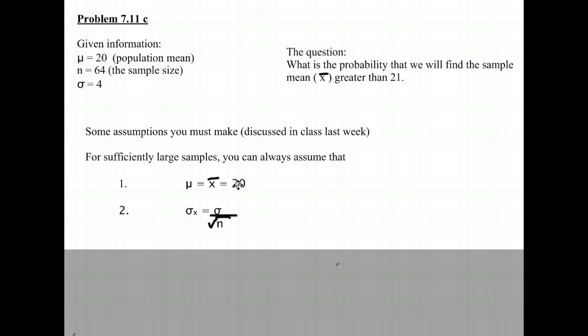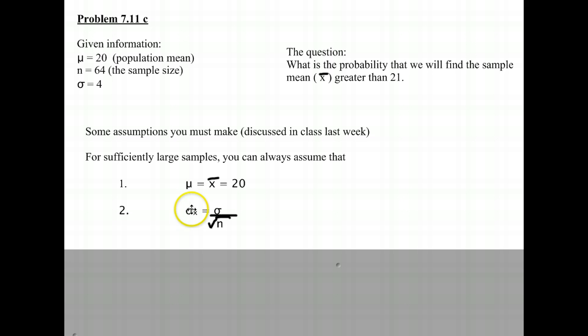So it's not stated in the problem, but what you need to understand when we're taking many samples, and we start to distribute those and see where they fall on the normal curve, the sample mean has the exact same value as the population mean.